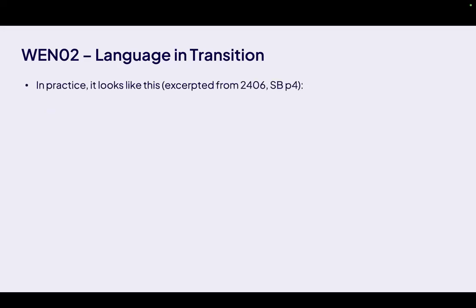Right, we're going to have a look at an excerpt from the June 2024 paper. This is in your source booklet on page 4, which is that text A that I mentioned. And we have two people, Kania and Shiva. They are having a conversation. If you look at the rubric at the top, it says text A is taken from an interview posted on YouTube in 2019.